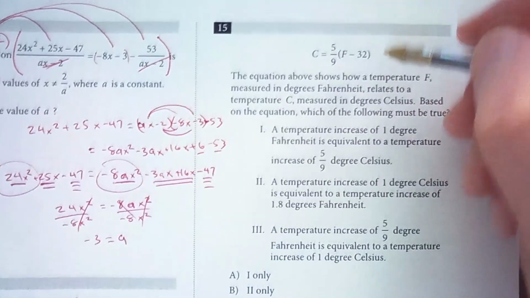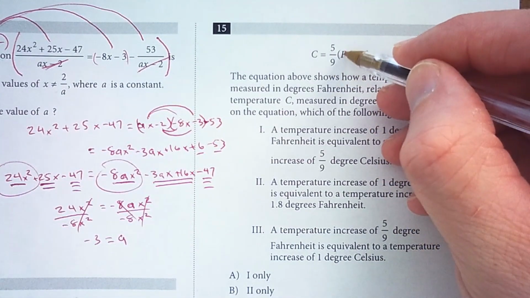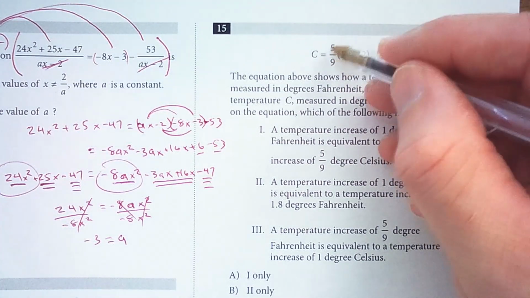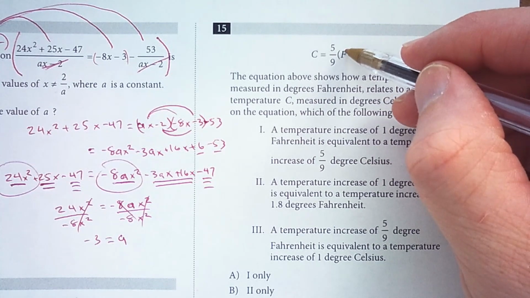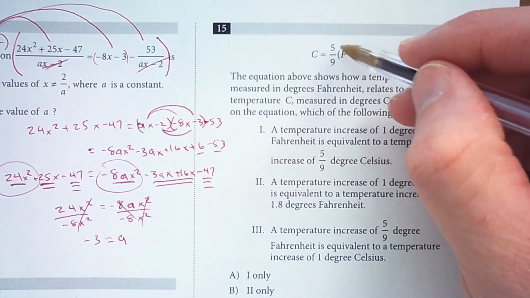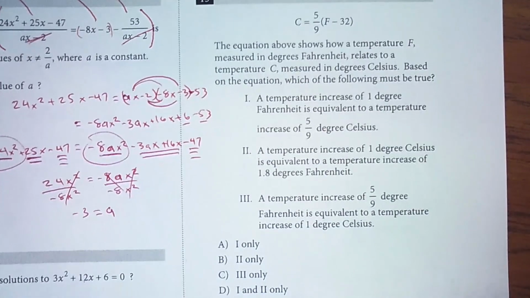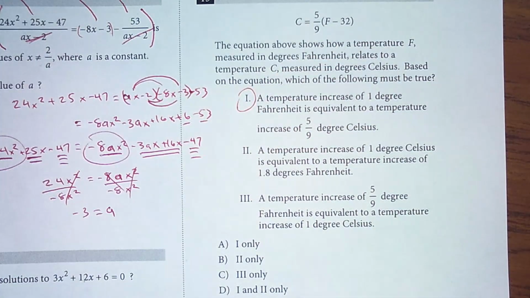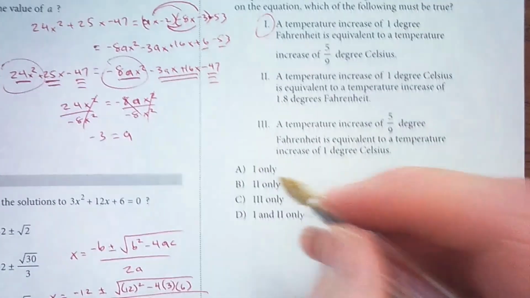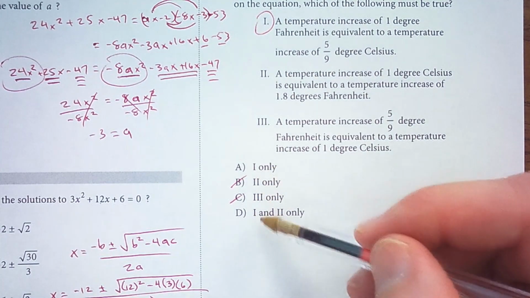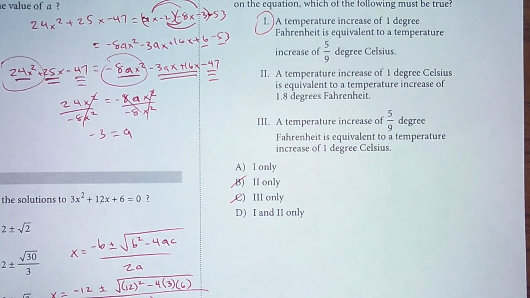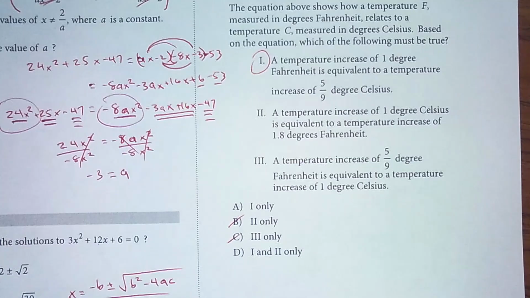So if I add 1 to whatever the Fahrenheit number is, I am going to multiply that by 5/9. So an increase in 1 degree Fahrenheit is an increase in 5/9 of a degree Celsius. So 1 is true. Okay? So it can't be 2 only or 3 only. So even if I have to guess from here, my answer will involve 1. So I'm guessing now 1 out of 2 instead of 1 out of 4.